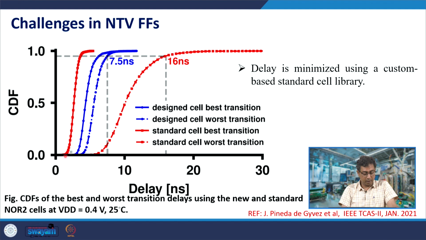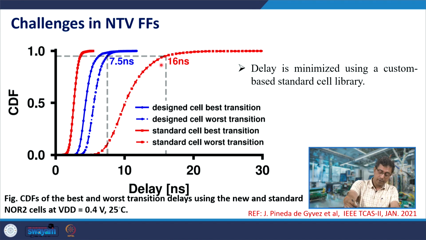It can be in the range of 4 nanoseconds, and here it is in the range of 14, 16 nanoseconds. That is quite a large distribution of critical path delays for the worst case and best case scenarios. The variation is from around 7 nanoseconds to 16 nanoseconds, which is quite significant.